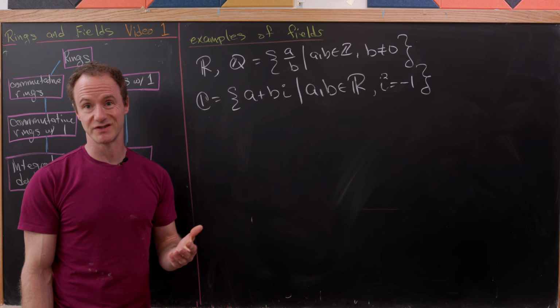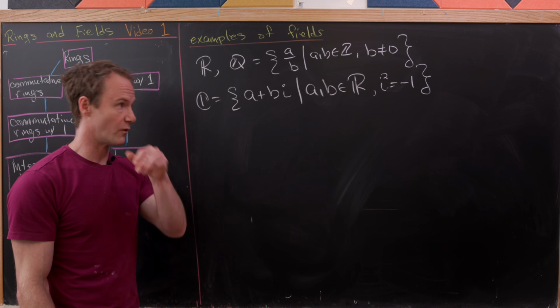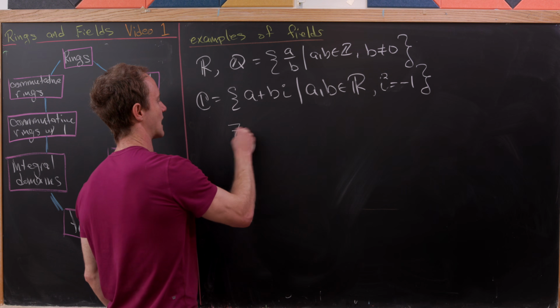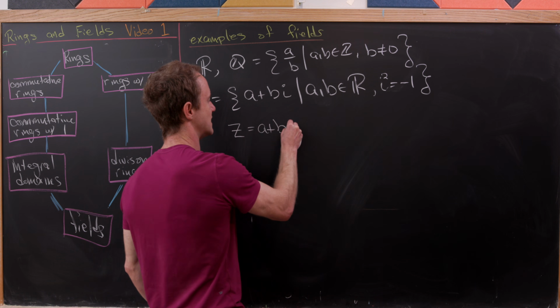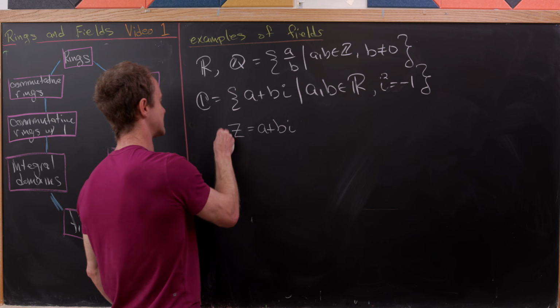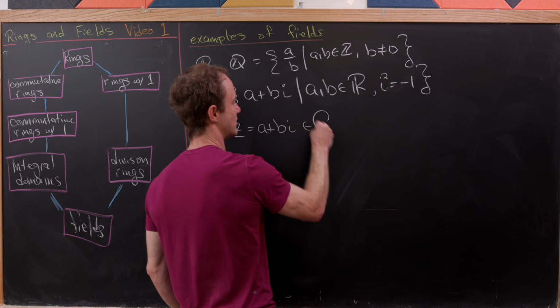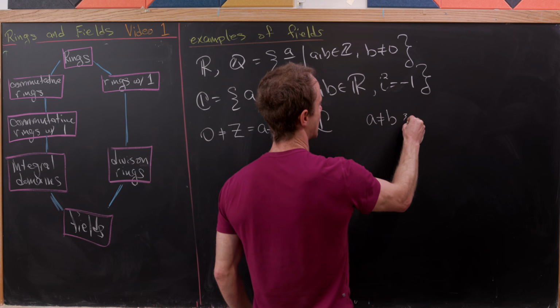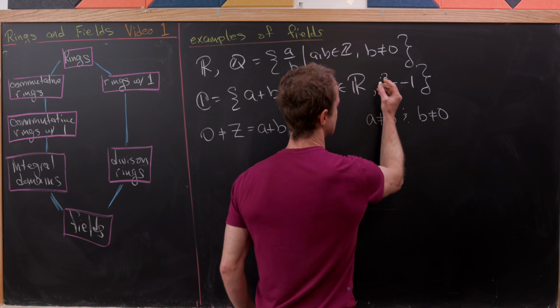So what I'd like to do is just give a brief outline of why everything has an inverse. So let's take something that I'll call z, which is a plus bi. And let's say that's not 0, and that's going to be a complex number. But that means that a is not 0 and b is not 0.